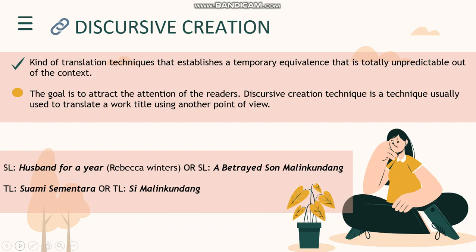In the source language, there is Husband for a Year, the title of a story by Rebecca Winters. In the target language, it is translated into Suami Sementara. The other example in the source language is a betrayed son, Malin Kundang. In the target language, it is translated into Si Malin Kundang.